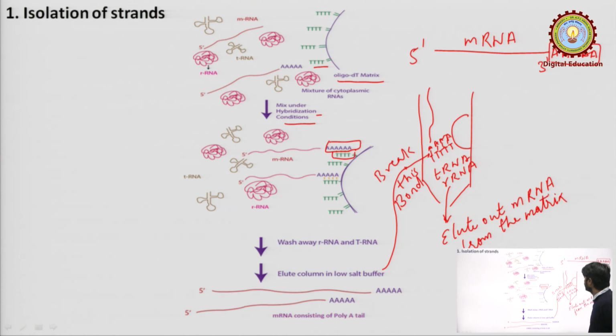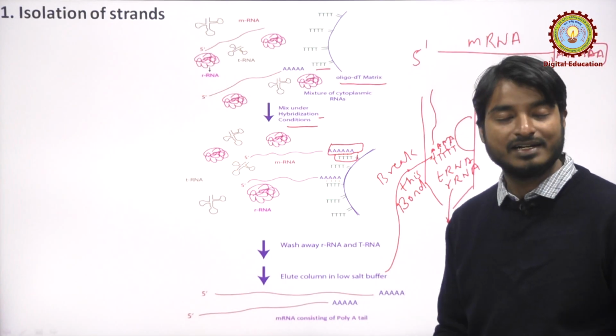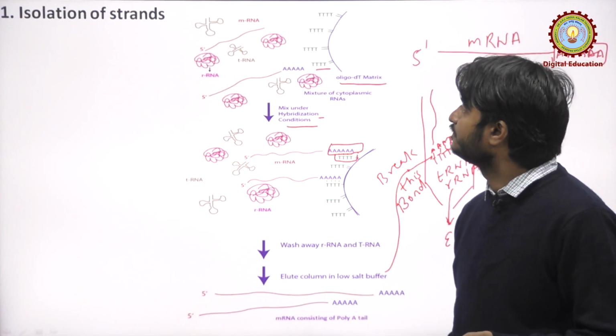So it will elute out the messenger RNA from the matrix. So this is the first step, that is the isolation of the messenger RNA from the solution of DNA and RNA.